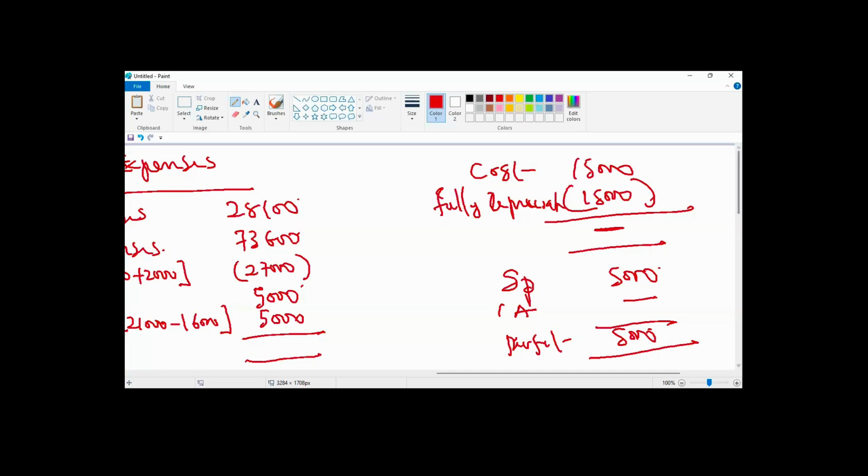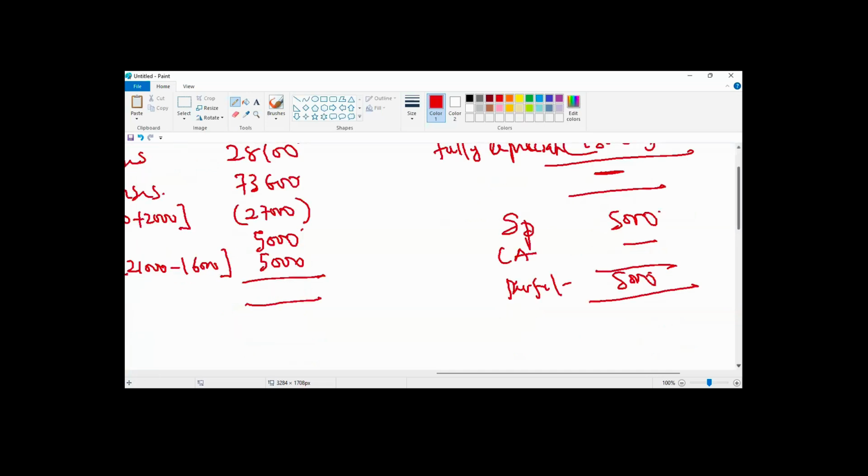The total is 84,700. That will now be 84,700. So it is the 84,700.